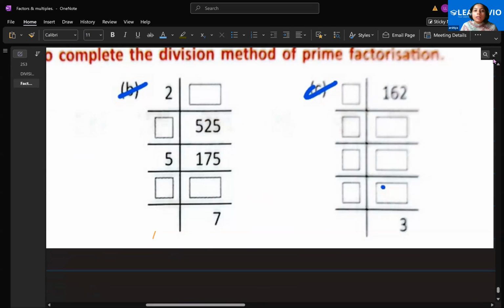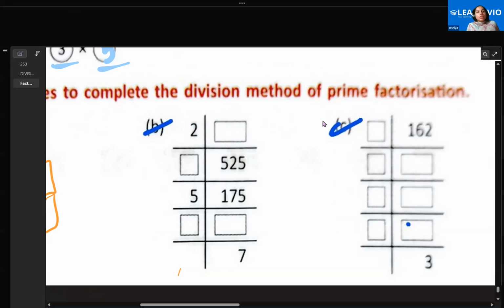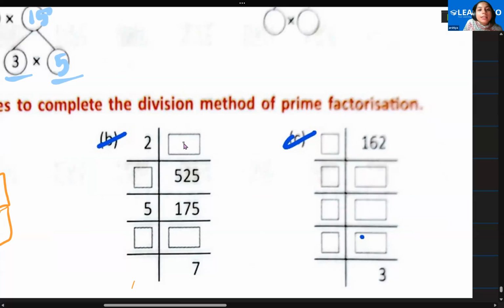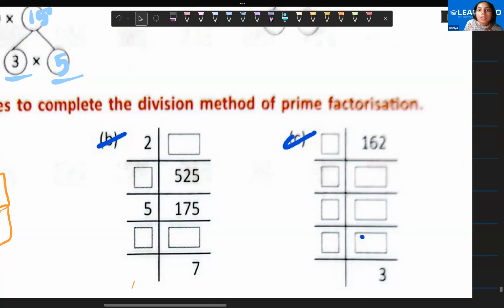Yes, I can see. Okay. So if I have to find this box, I multiply these two. Okay. So this is where multiplication is happening.